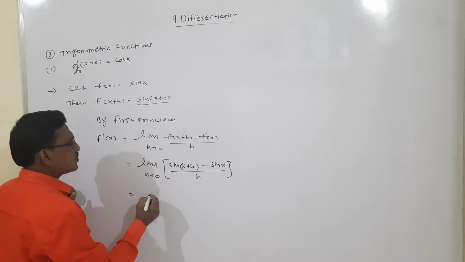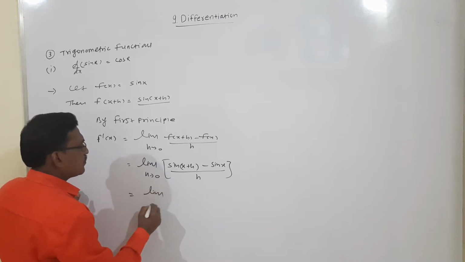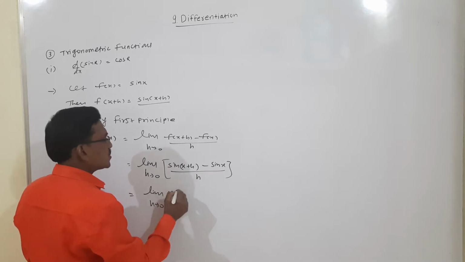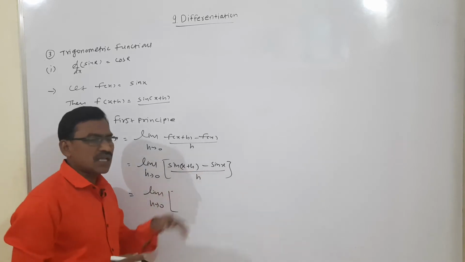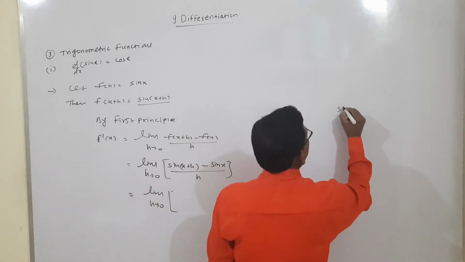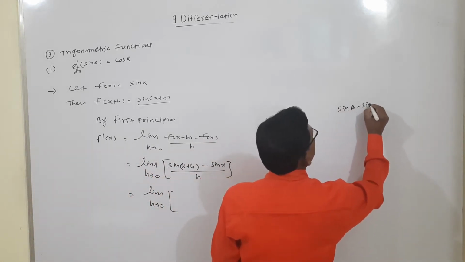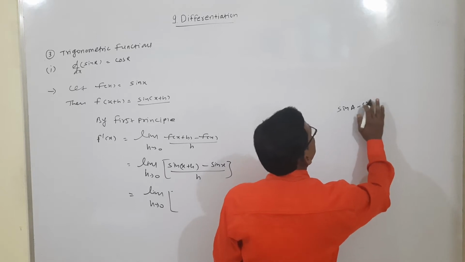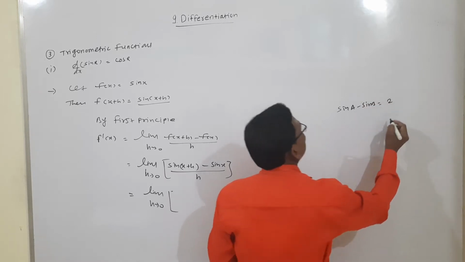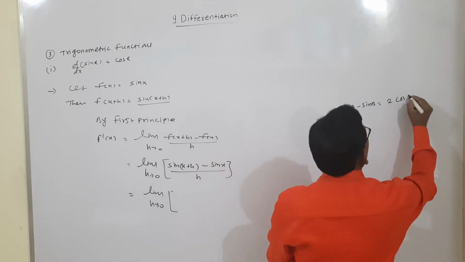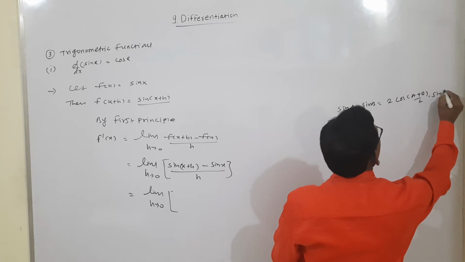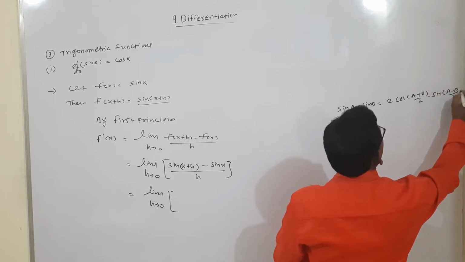So limit as h tends to 0, sine a minus sine b gives 2 cos of a plus b by 2 into sine of a minus b by 2.